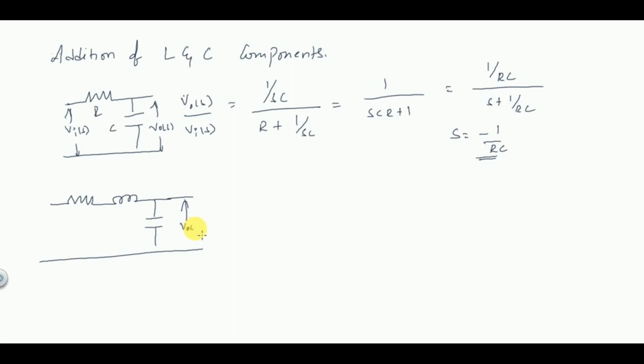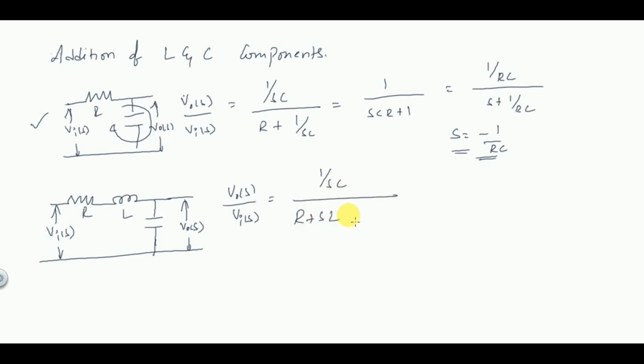If you add an inductor here, this is Vo(s), and one more storage element is added to this circuit. This circuit consists of only one pole because of only one storage element. If you add one more storage element, that is an inductor also, then Vo(s)/Vi(s) is equal to the impedance across the output, 1/sC, divided by the total impedance R + sL + 1/sC.